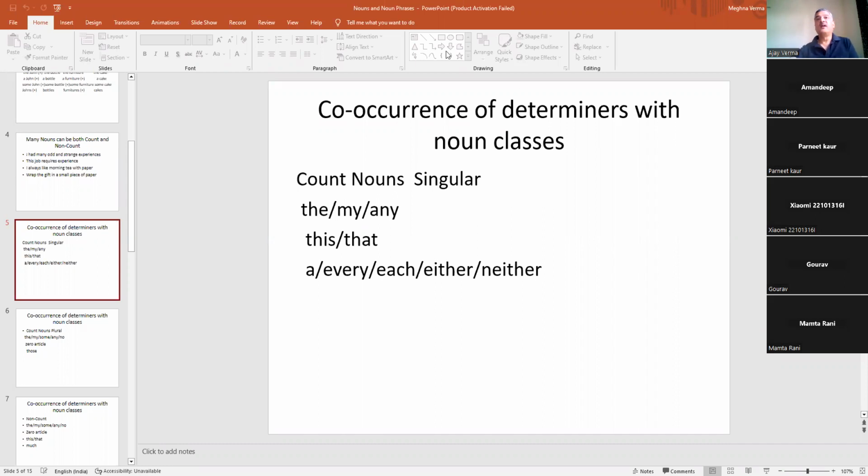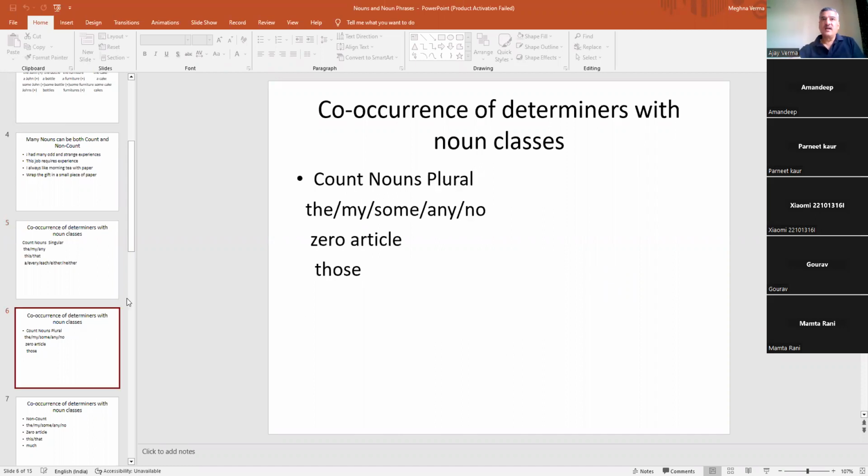As far as singular count nouns are concerned, they can co-occur with the following determiners: the, my, any, this, that, a, and, every, each, either. So the following determiners can be used with singular countable nouns.